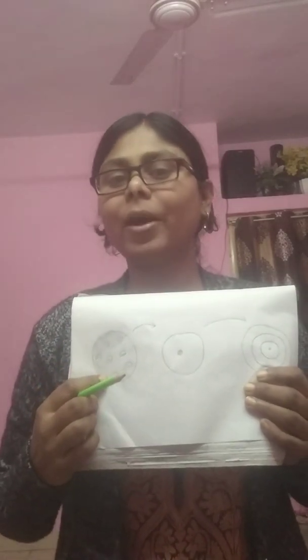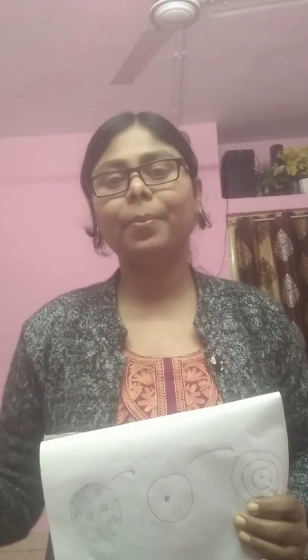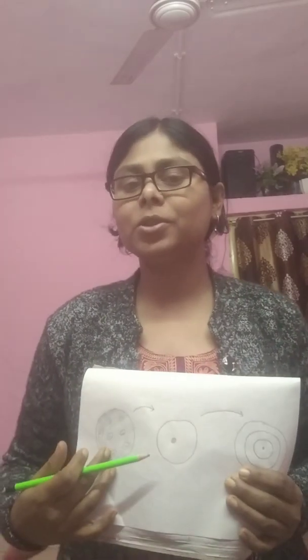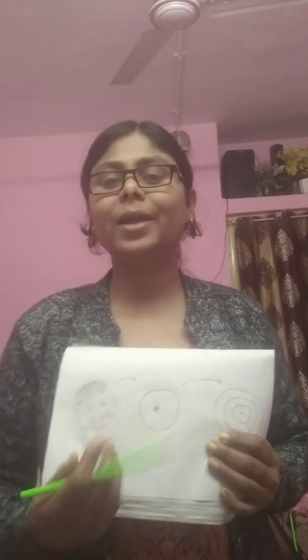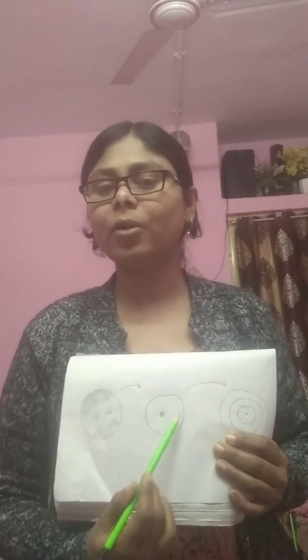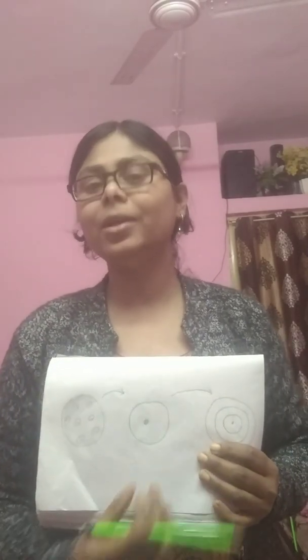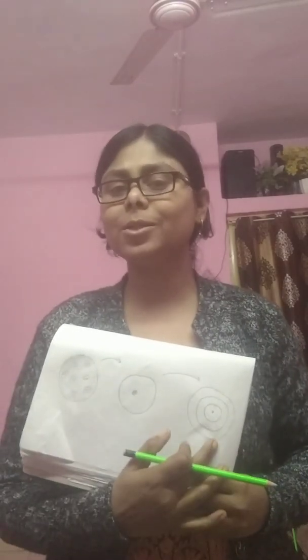From here we got the information that the atom has equal positive and negative particles, but it had some drawback, and to overcome this drawback the next model came, the Rutherford model. That model gave us that the proton is concentrated at the center of the atom, called the nucleus, and electrons revolve around this nucleus. And to overcome the stability drawback of this model, the next model was Niels Bohr's model.